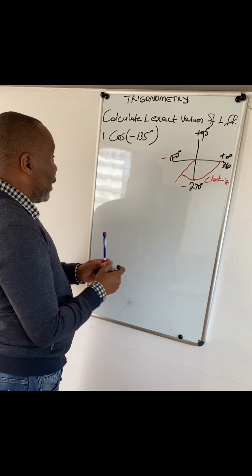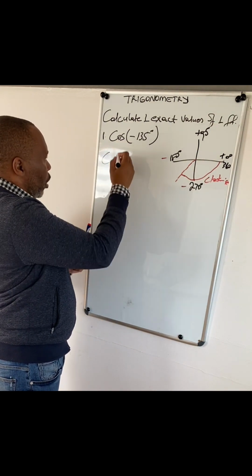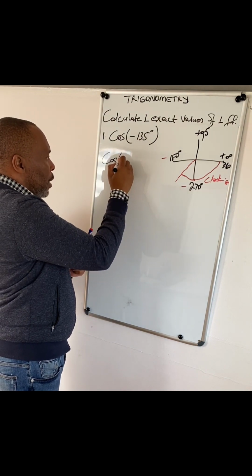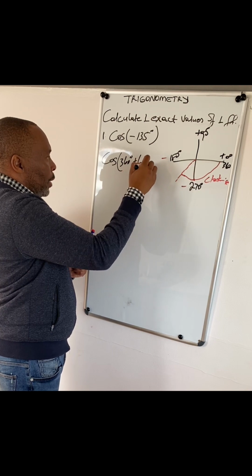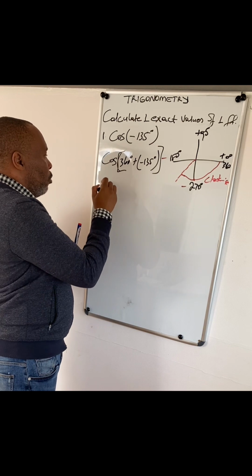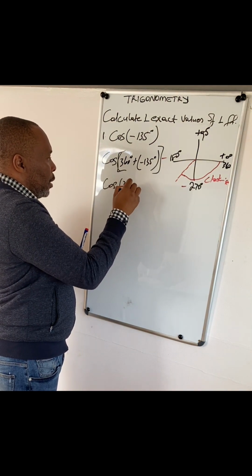Then you come back here and you say cos. You say if this is minus 135, it means it's 360 degrees plus negative 135 degrees. This is what it means. Then you have your cos. Here it's 360 degrees.